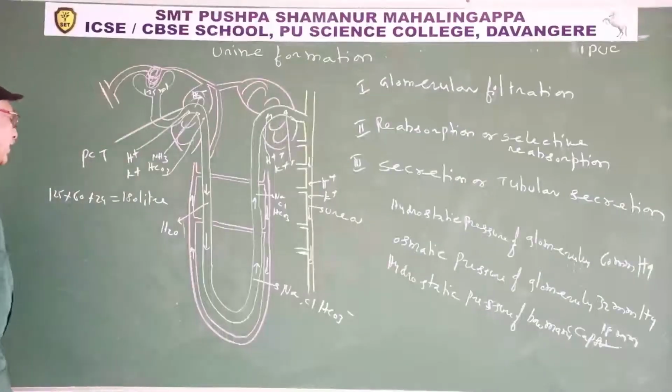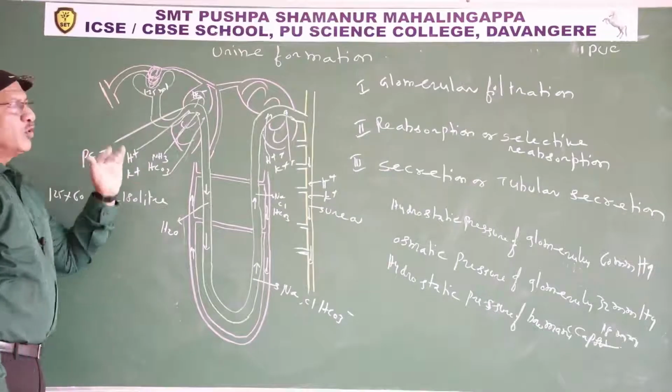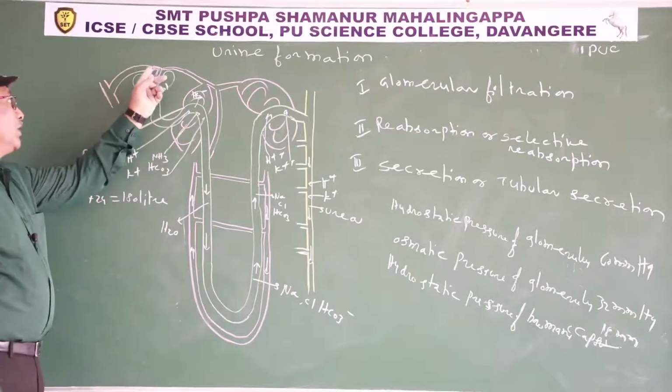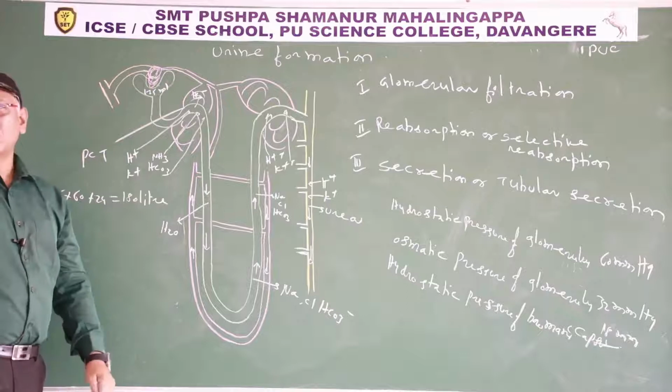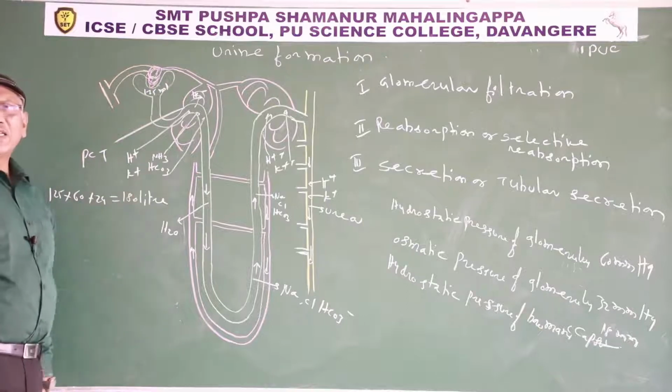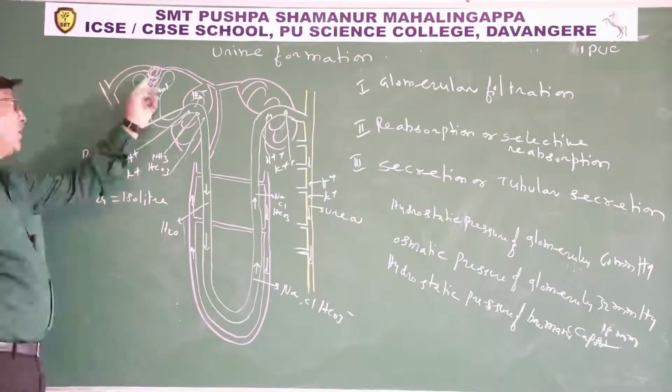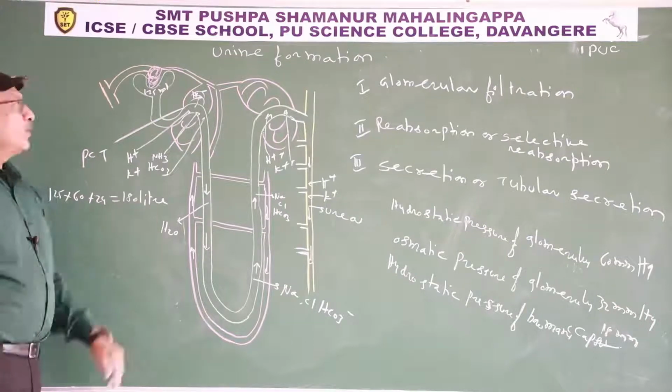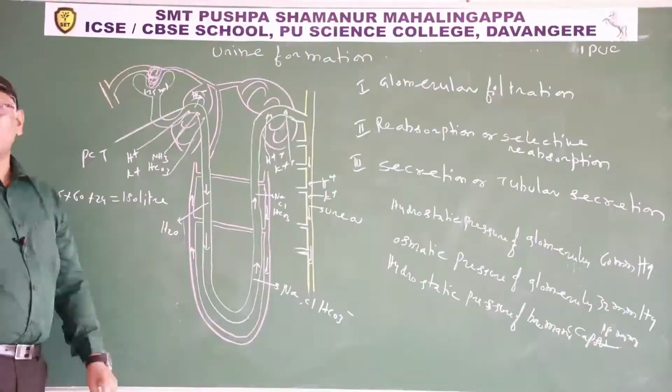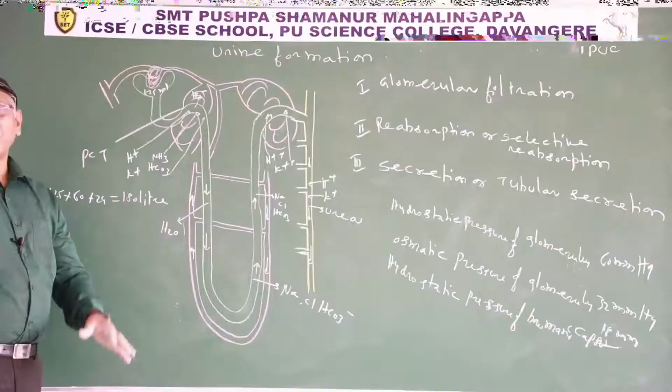So every minute 1100 to 1200 ml of blood is filtered through the glomerulus. It is equal to 1/5 of cardiac output, from the renal artery.